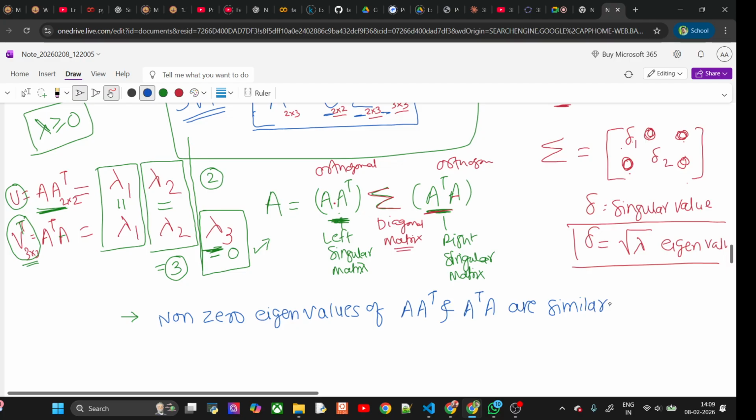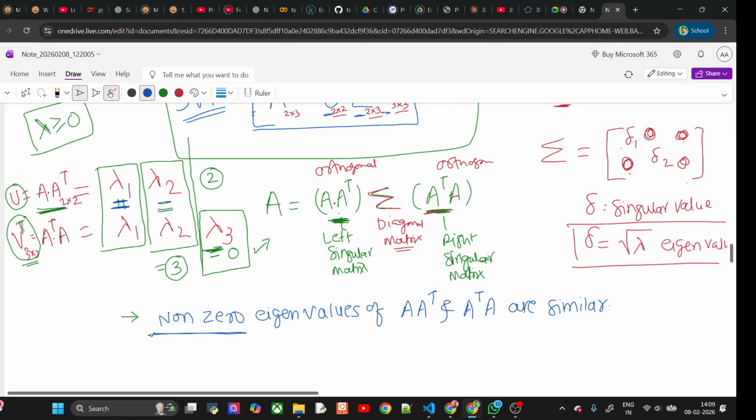This is the basic thing you need to remember, and we will consider this point in issue number 1 of PCA. The non-zero eigenvalue lambda 1 of A transpose A and A into A transpose are similar, lambda 2 and lambda 2 are similar, so these are non-zero values.